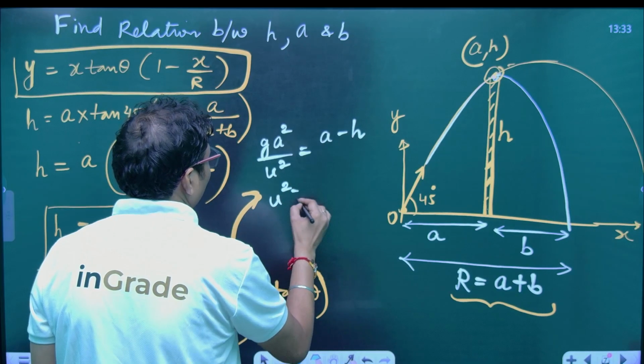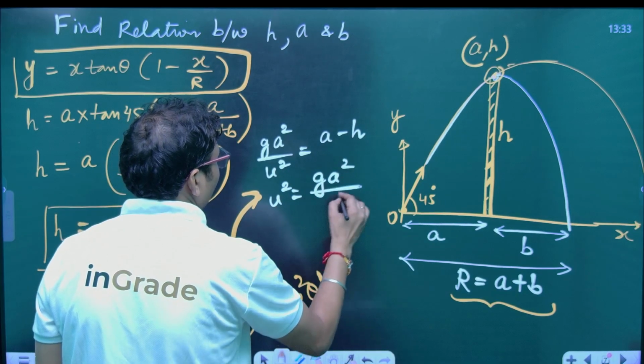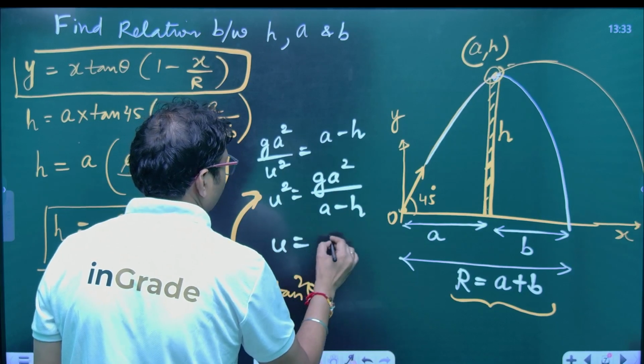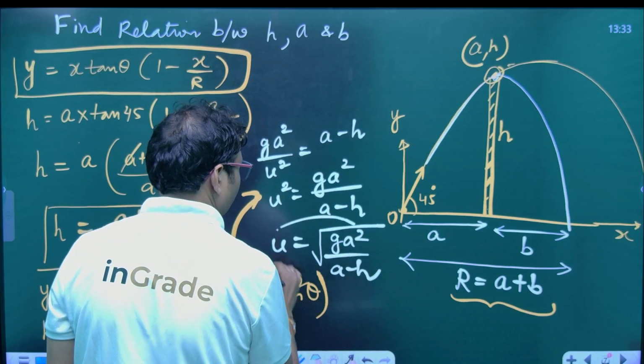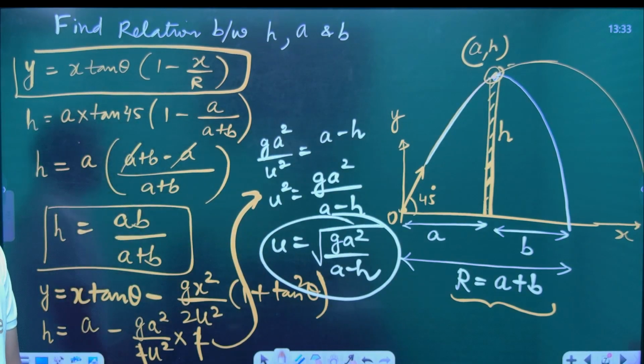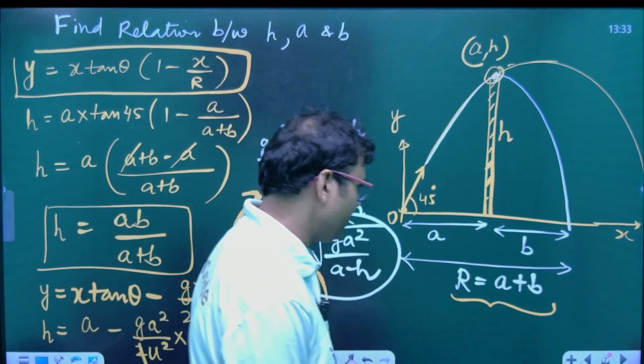So u square is equal to g a square upon a minus h, and u is equal to under root of g a square upon a minus h. This is how we can find out the initial velocity as well.